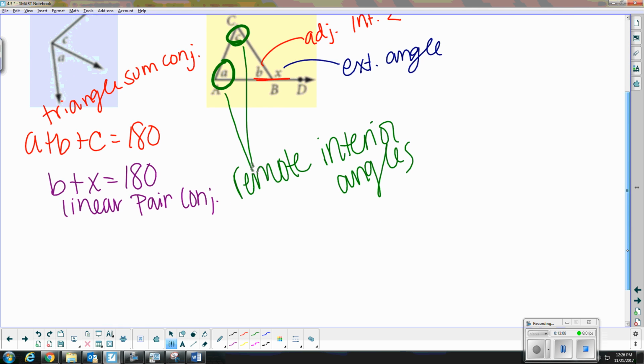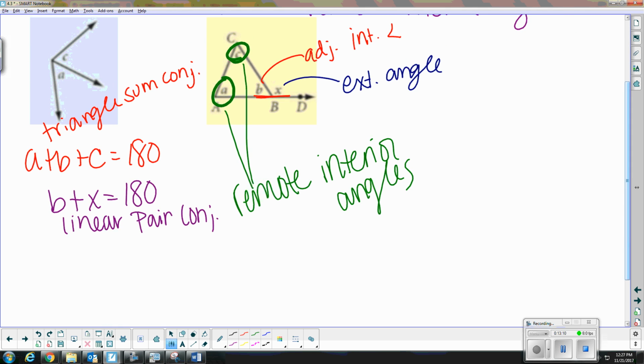So if we combine those two conjectures, this gives us X is A plus C. Okay, because B plus A plus C has to equal 180, and B plus X has to equal 180.